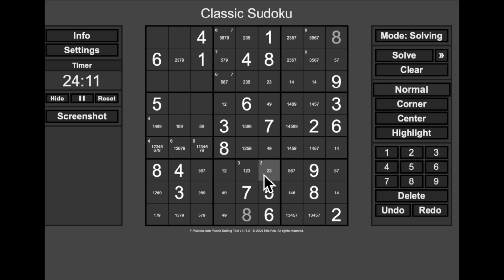I need to think of something else. Let's see. This is 1, 2. This is 4, 9. So these cannot be 9.